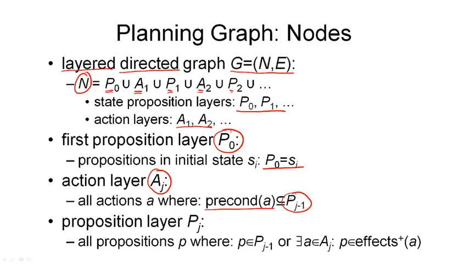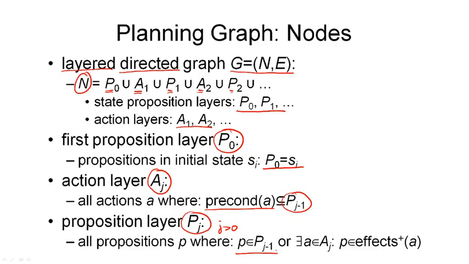Now we know what P0 contains and what the jth action layer contains. We can now define the proposition layer Pj, where j of course has to be greater than 0 because we've already defined P0. And in Pj, we find nodes for all those proposition symbols that were already in Pj-1. So all the propositions that were in the previous proposition layer are also in this proposition layer.